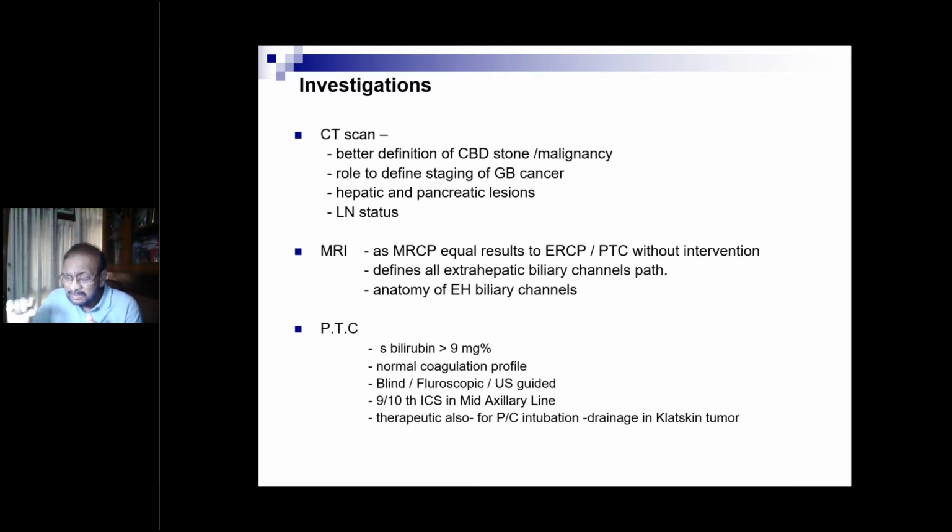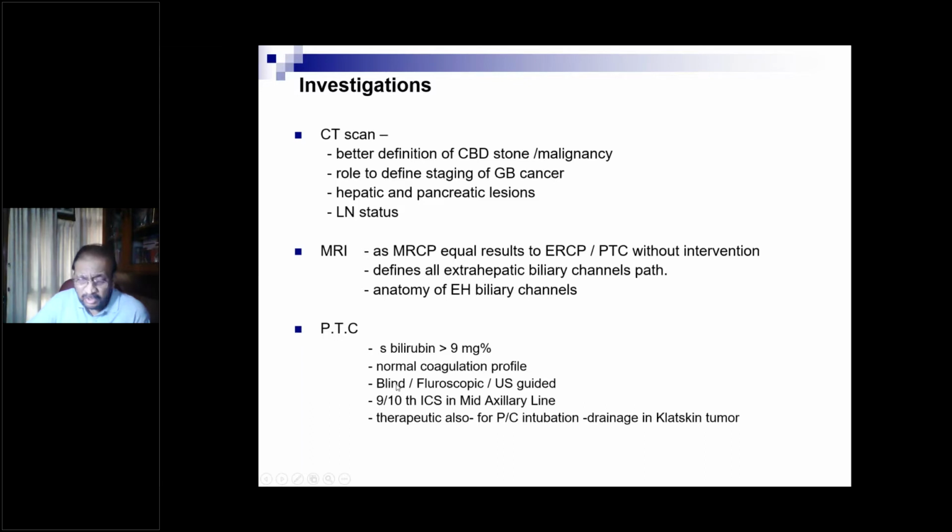If it is not, the peripheral cholangioles are not dilated enough for the needle to go into them. Until you have that, the cholangiole cannot be cannulated or punctured. Once it's punctured, then you can inject the dye. So you have to puncture one of the cholangioles, and that is only possible if the serum bilirubin level is more than 9 mg%. So remember, serum bilirubin more than 9 mg%, normal coagulation profile.